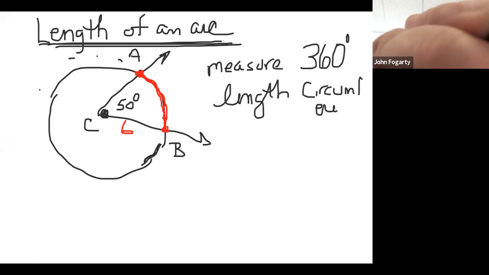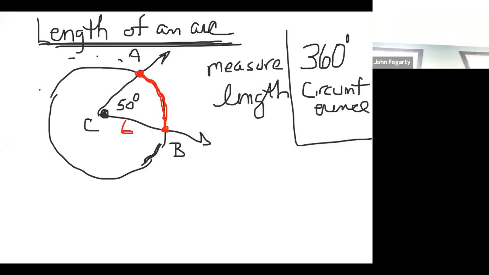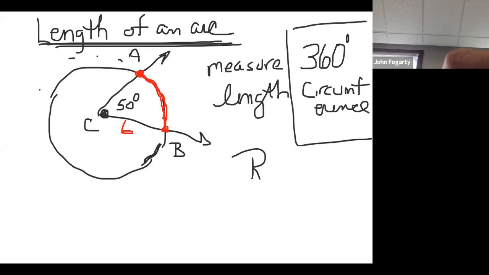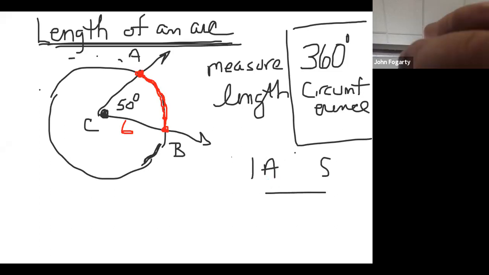So when you actually talk about the length of a circle, the length of an arc, you're going to write a ratio, a proportion between two ratios, fractions. Right? So let's watch what happens.